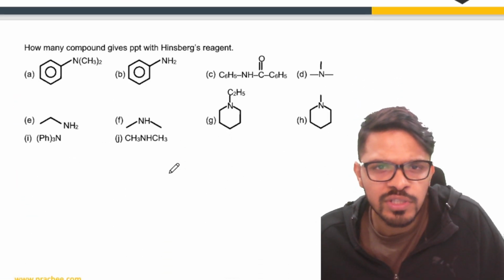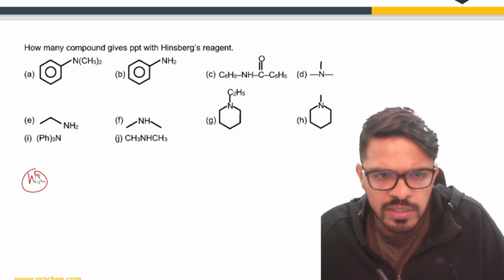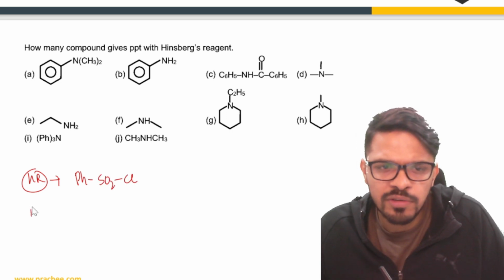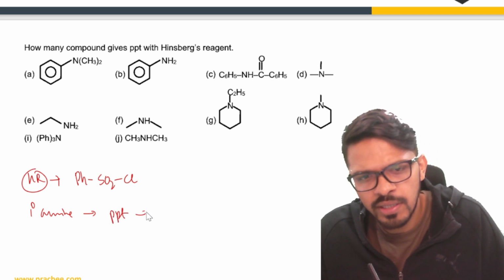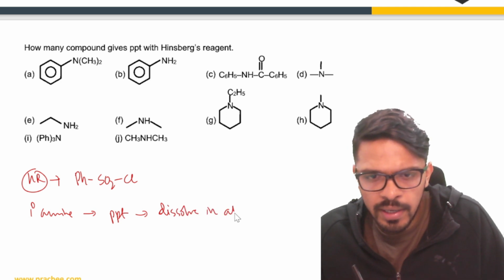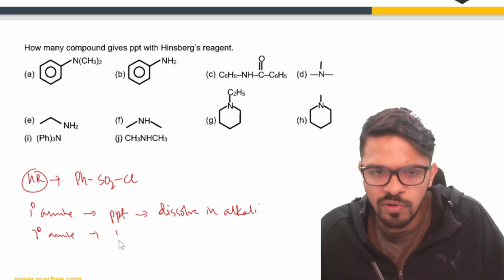How many compounds give precipitate with Hinsberg reagent? So I hope you know Hinsberg reagent is basically PhSO2Cl, and what happens if we have 1 degree amine? It will form a precipitate, and then precipitate can be dissolved in an alkali. If we talk about 2 degree amine, 2 degree amine can form a precipitate.